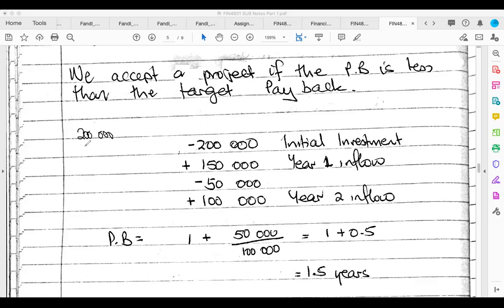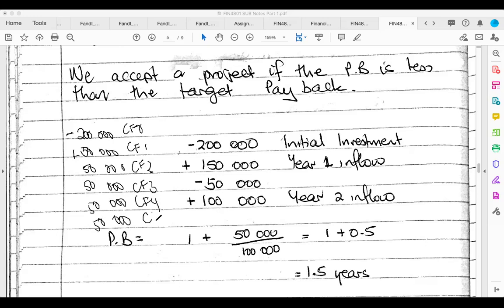And then let's say after year 1, we have 50,000 coming in. And then we have another 50 coming in. And then another 50. Let's say we have 50 coming in for 5 years, right? And then let's say we want to get the payback.